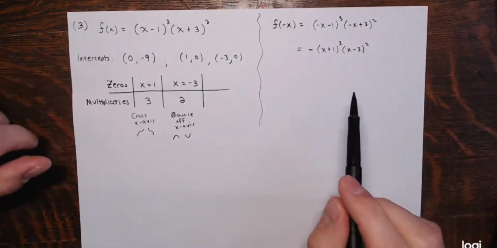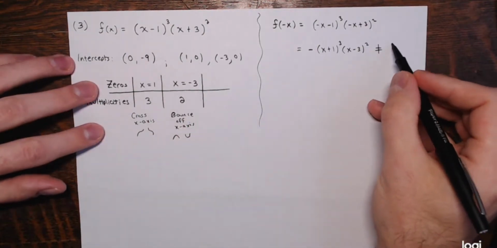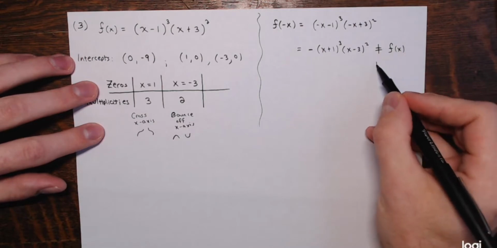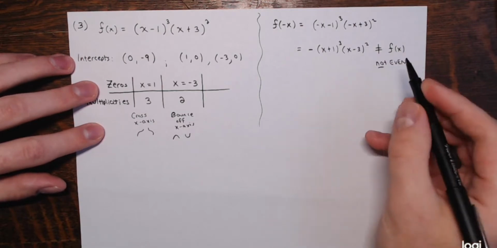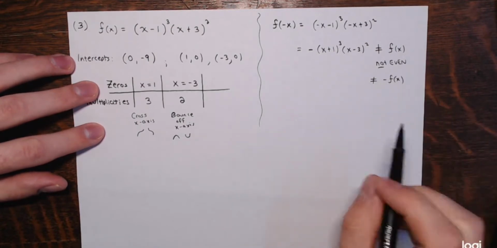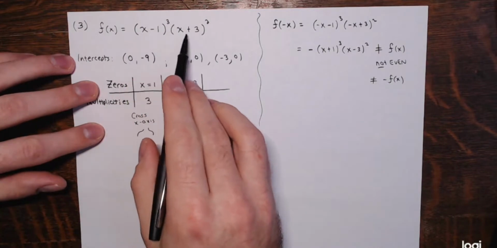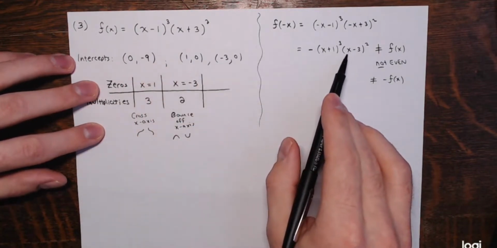Alright, so once again, this is clearly not the same as the original. Not the same as f of x, so not even. And it's not the same as the opposite of the original either. They have totally different intercepts. This and its opposite would still have zeros at 1 and negative 3. This has zeros at negative 1 and positive 3. Totally different.